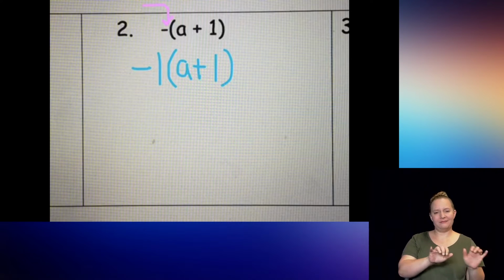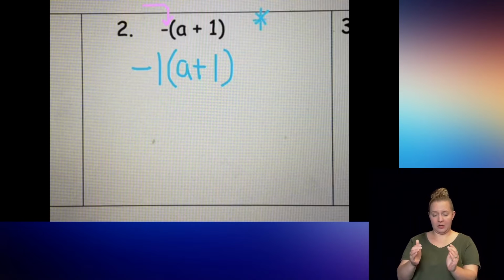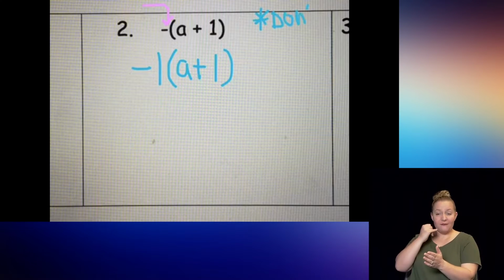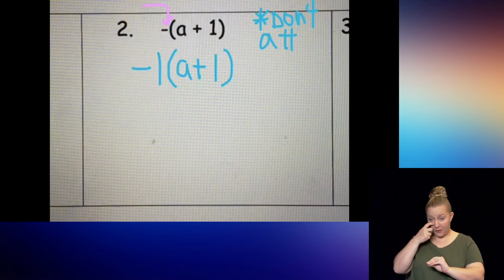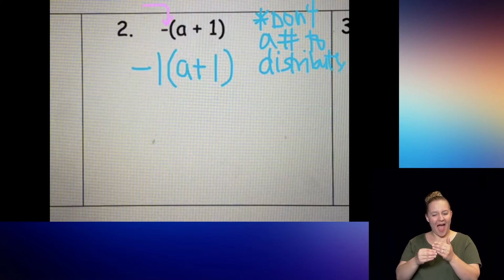It's the same thing. So whenever you don't see a number, if you want to make a little note for yourself, if you don't see a number to distribute, feel free to add in a 1. So put a 1.